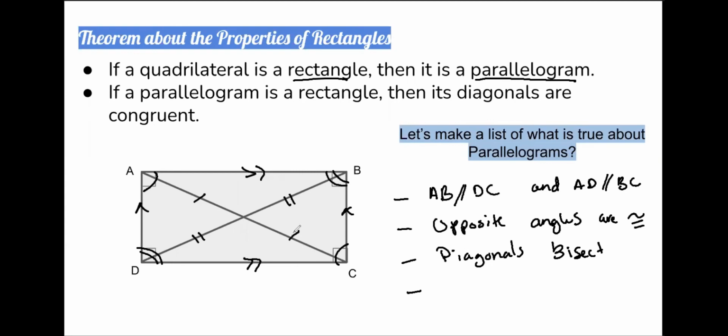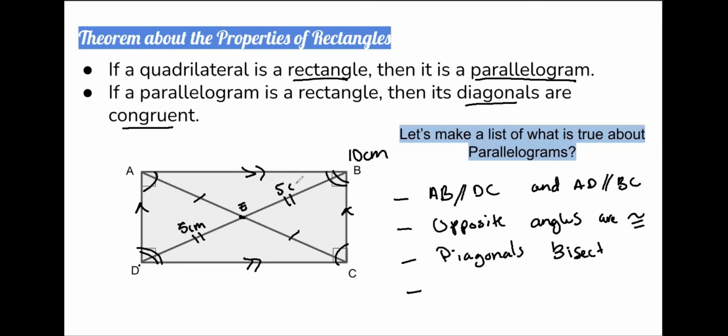But something that I want to point out, and this is going to be very important, the second bullet point says if a parallelogram is a rectangle, which we do have here, then their diagonals are congruent. So let's say DB measures 10 centimeters. We also have a parallelogram, meaning that they're bisecting each other, right? So this segment created by E, my intersection, is going to be 5 centimeters.